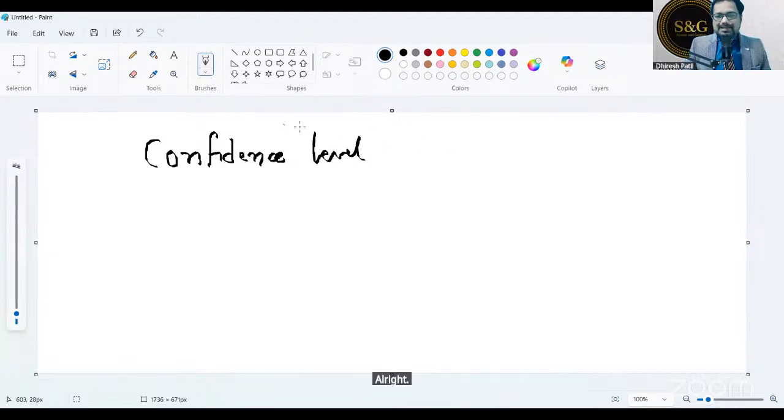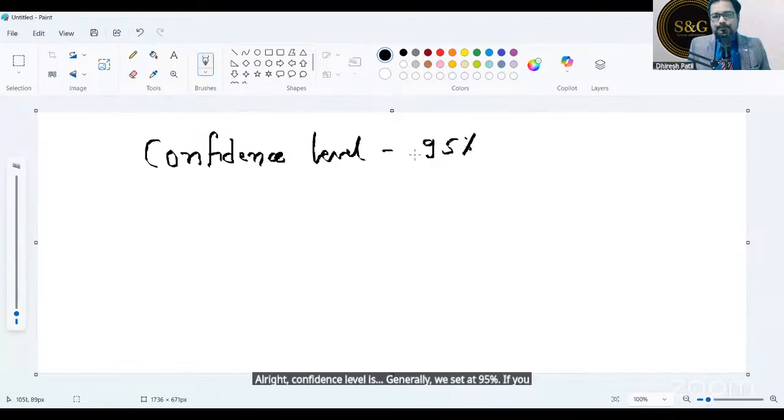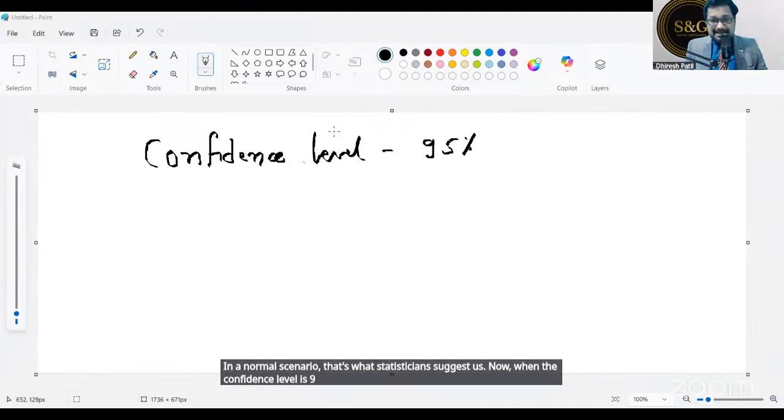Confidence level is generally set at 95%. That is what we have seen yesterday, and that is what statisticians suggest in a normal scenario. Now, when the confidence level is 95%, then we have a 5% probability of making error in our judgment.